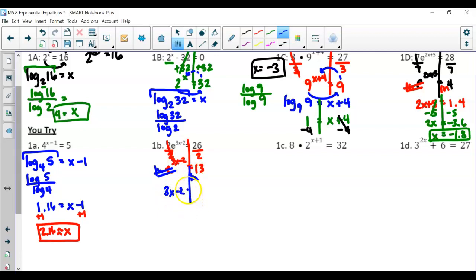But that is not equal to just 13, right? The natural log of 13, which is about 2.56. So now here, solving for x, right? We're going to add 2. So now you've got 3x is equal to 4.56 and divide by 3. So you get approximately 1.52.